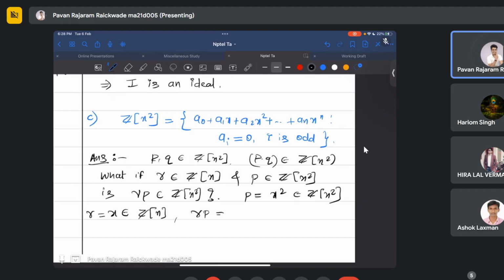What is rp? It is x cube, which is no longer in I. What is your I? I is Z[x squared]. So that's all, simple. Not an ideal.